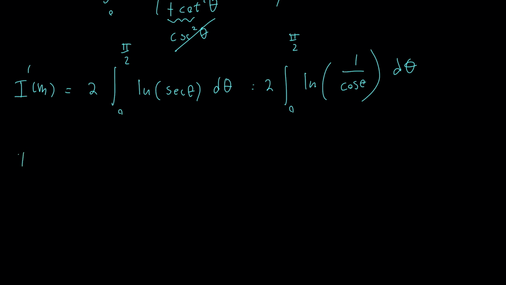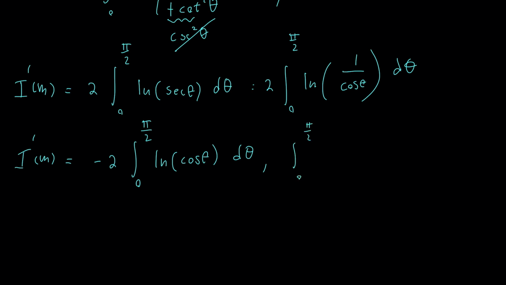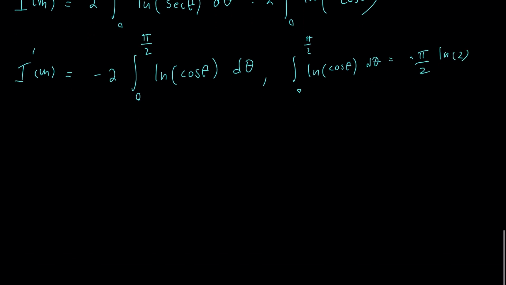But this just ends up simplifying into negative 2 times the integral from 0 to pi over 2, the natural log of the cosine of theta d theta. And from here we'll use the standard identity that the integral from 0 to pi over 2 of the natural log of the cosine of theta d theta just ends up evaluating to negative pi over 2 log 2, similar to the sine integral.